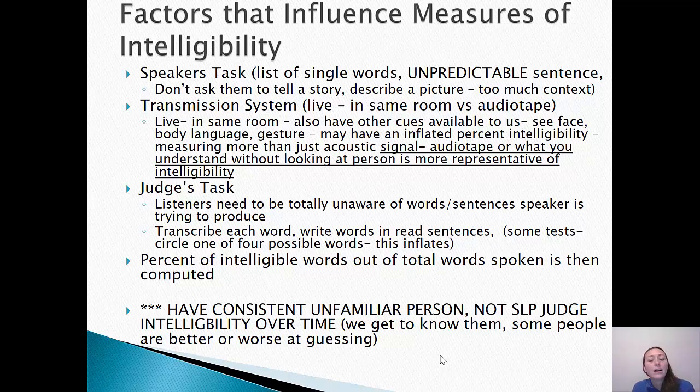In the hospital setting, you can't bring in an unfamiliar listener with you to the patient's room to do this. And even in outpatient and all these other levels of care, you're not likely going to have anyone that's an unfamiliar listener who can consistently do that. So unfortunately, the reality is the speech pathologist is likely going to be the person judging intelligibility. That's just likely the reality.